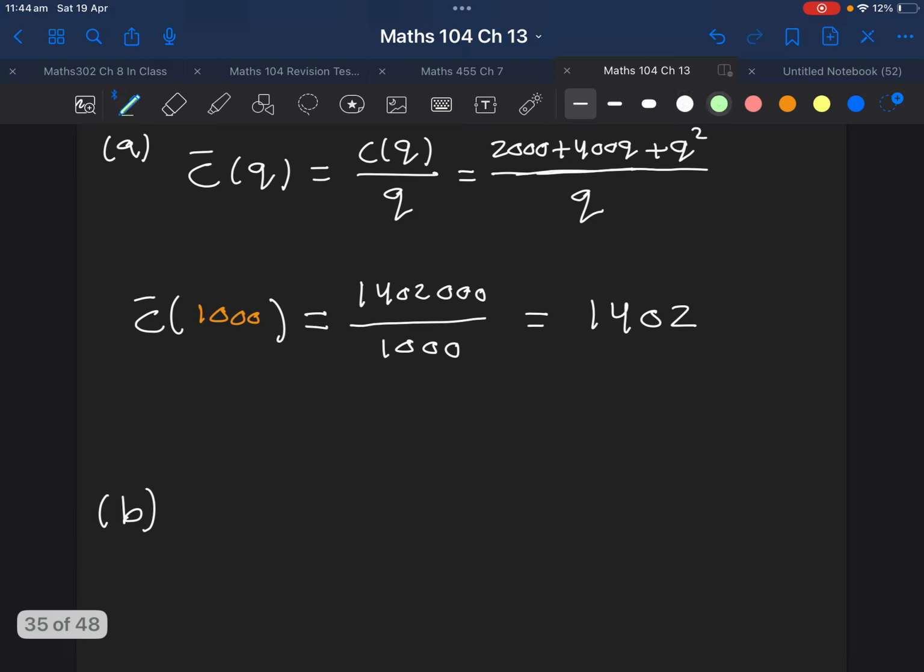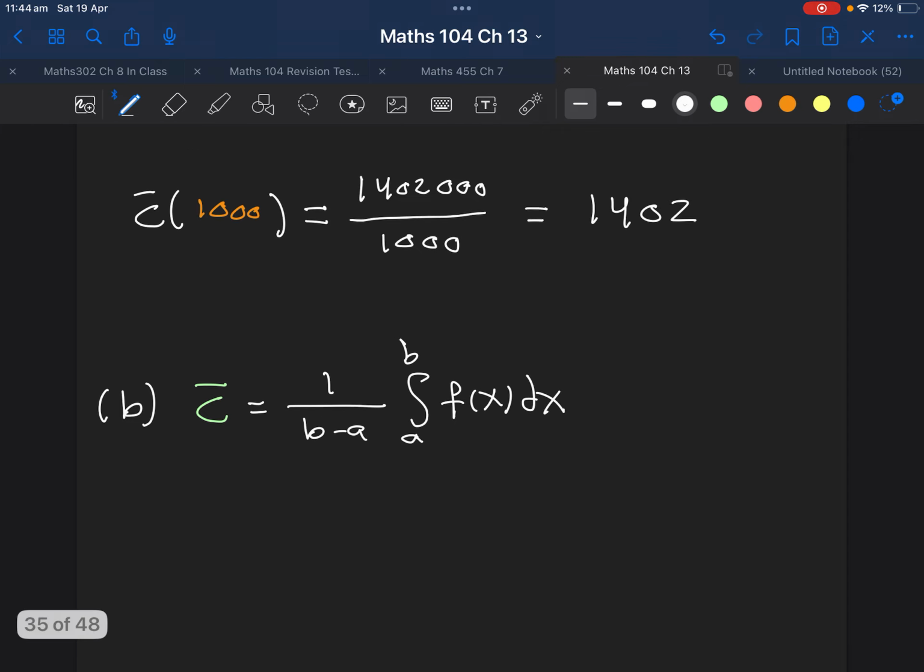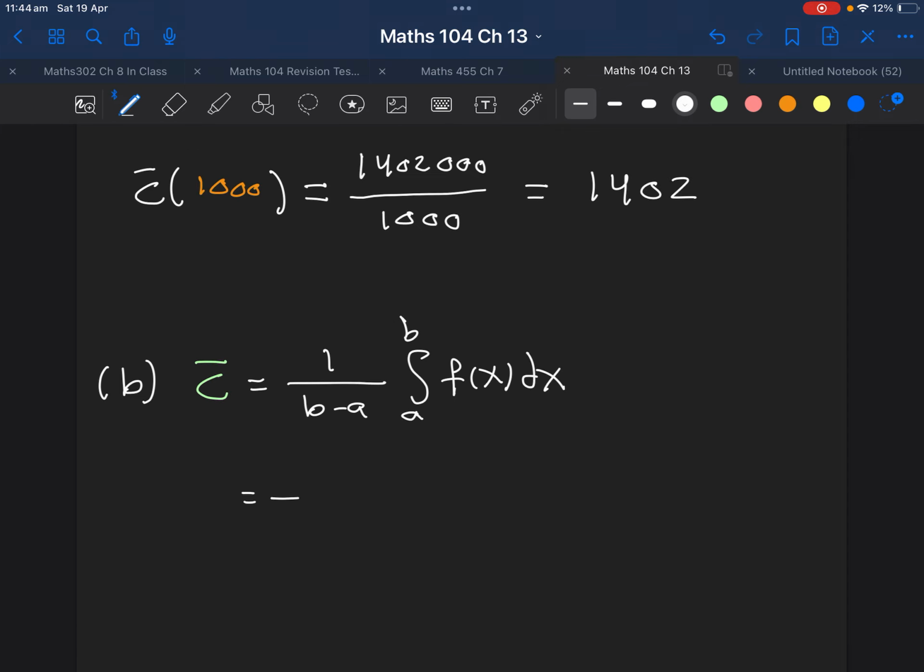What is part B? We need to find what is C bar. C bar is the integral from a to b of f of x dx, which, if we do it, will be just 1 over 1,000 minus 0, and then we do the integral from 0 to 1,000.